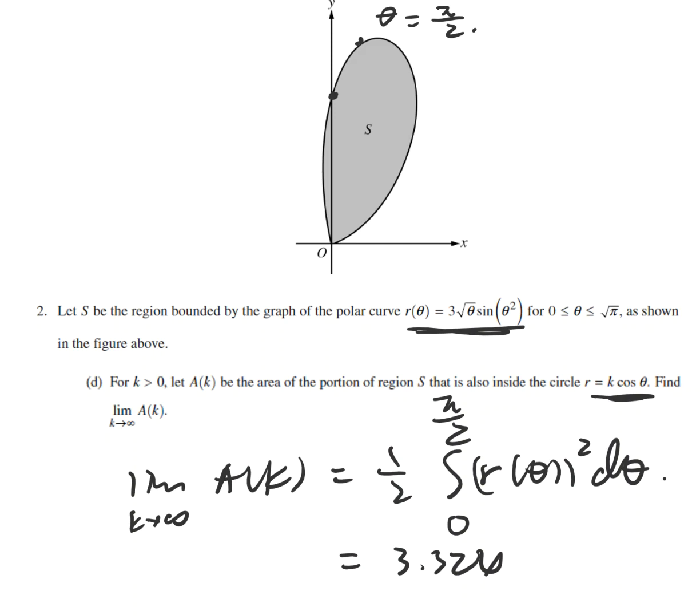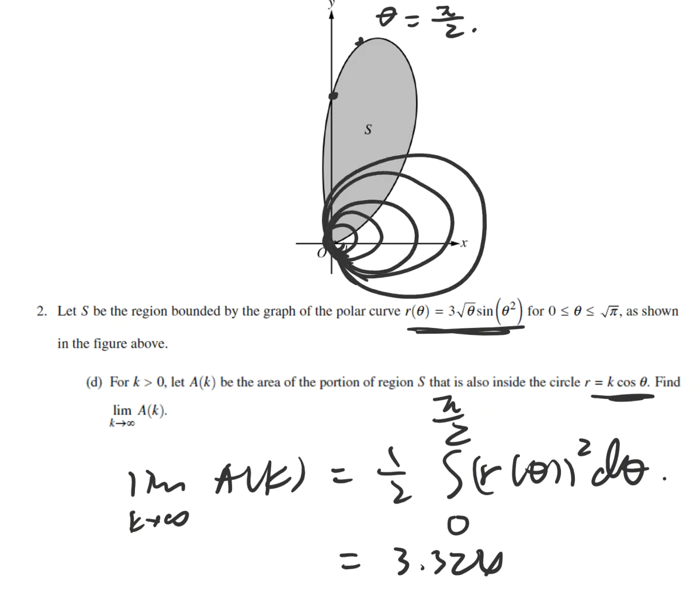Also, when you think about this, the circle r equals k times cosine theta is going to be a circle that looks like this as k gets bigger. It starts from the origin of the xy plane, and then it's a circle expanding to the right side, toward the positive x-axis.